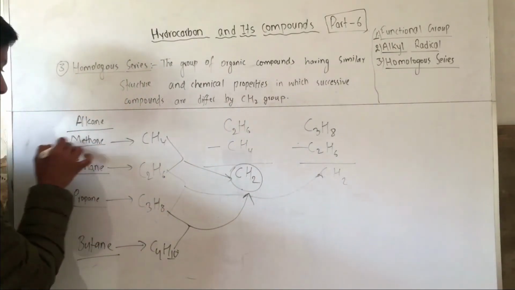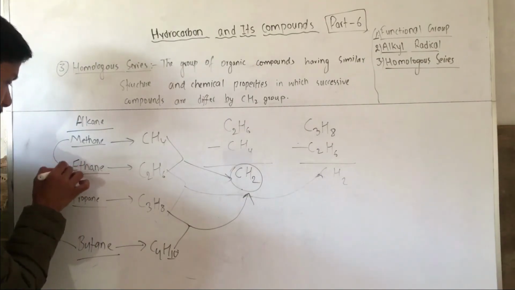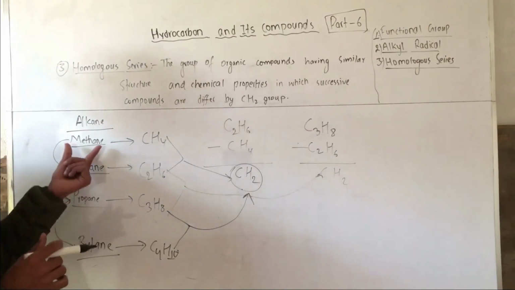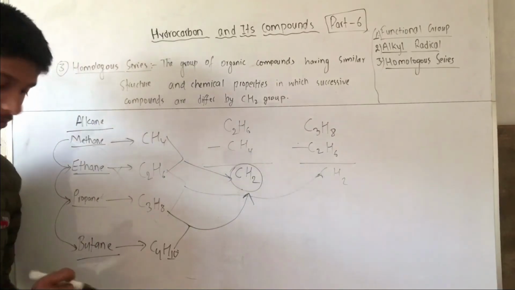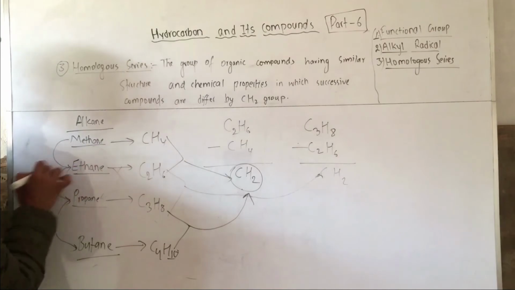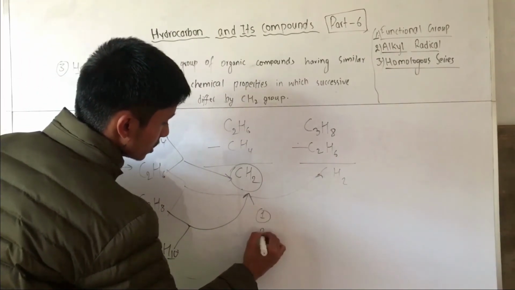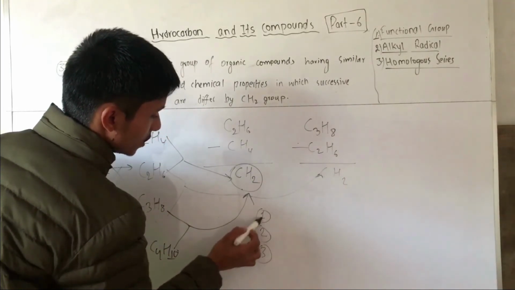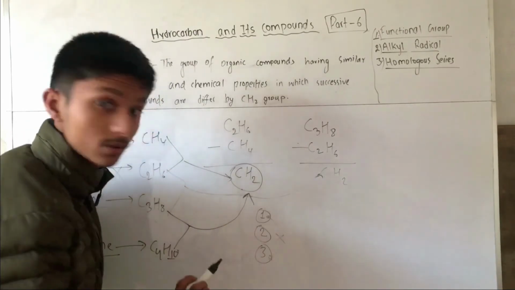Here successive compounds means one after another, one after another. Don't take methane and then directly propane. This will be wrong.